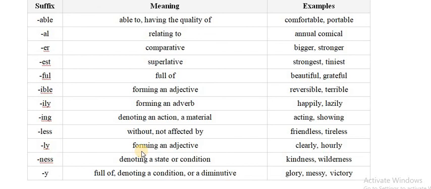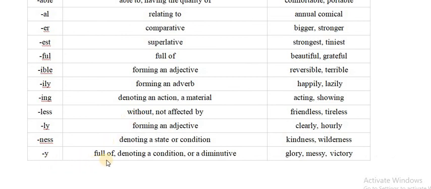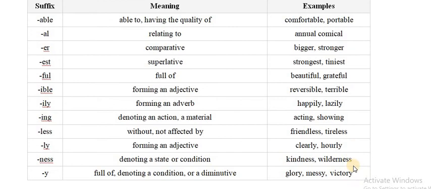Ly, forming an adjective. Clearly, overly. Ness, denoting a state or condition. Kindness, wilderness. Y, full of, denoting a condition or a diminutive. Glory, messy, victory.